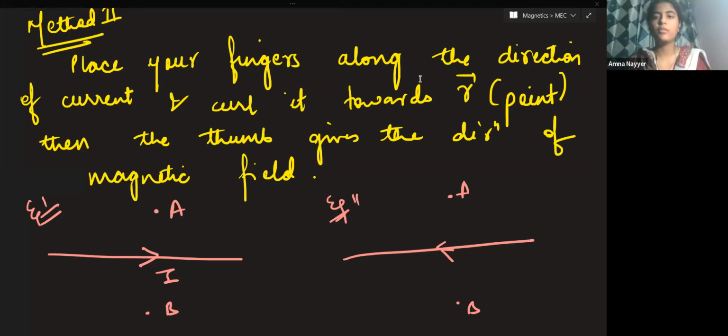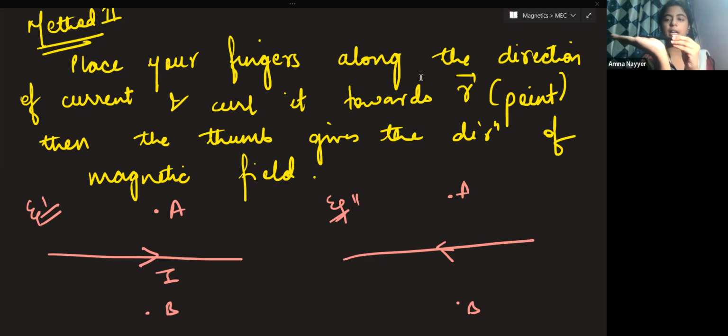Now see, for all those who are not able to do it, this was the direction of current flowing. On the screen, it is the same for all of us, towards the right hand side. For example 2, yes, the answer is right. So see, this is pointing towards the right hand side.